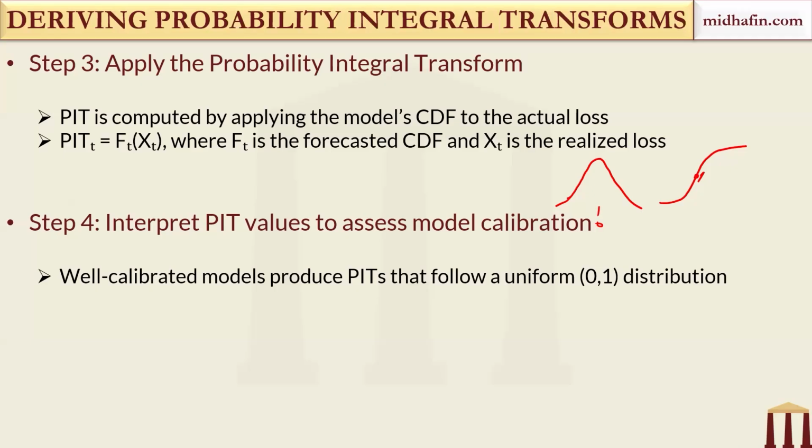So 0.5, let's say many losses are spread across the center, you can be rest assured that even though more losses are there at the center, because the CDF is much steeper at the center, it will follow a much wider range at the center and a narrower range at the extreme. So it will become uniform completely.